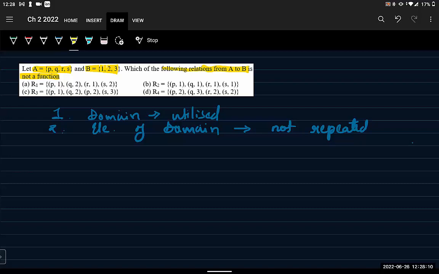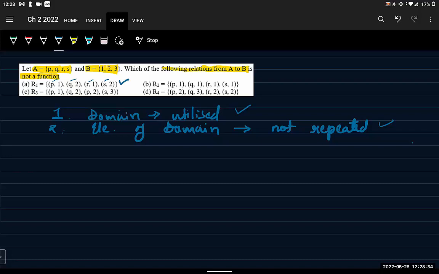Now let us apply these two conditions to our options. Relation R1 is P1, Q2, R1 and S2. First condition: the domain is P, Q, R, S and here also P, Q, R, S are utilized. So it satisfies the first condition. Looking at the second condition, in each and every ordered pair, the first element is unique. So the first element is not repeated, and the second condition is satisfied. So this one is a function.